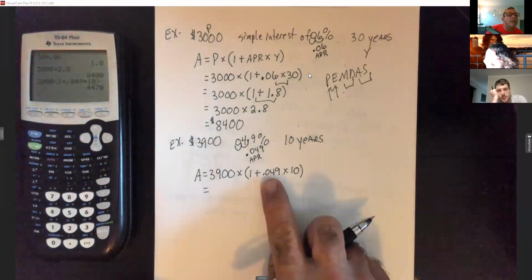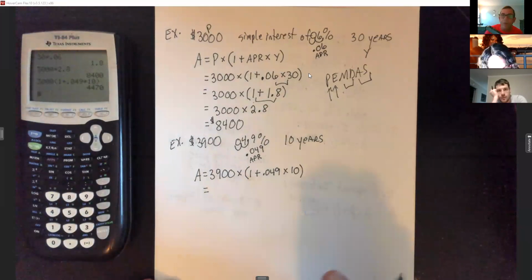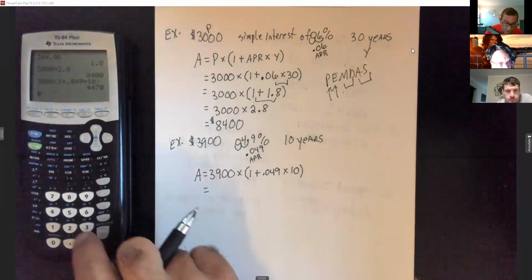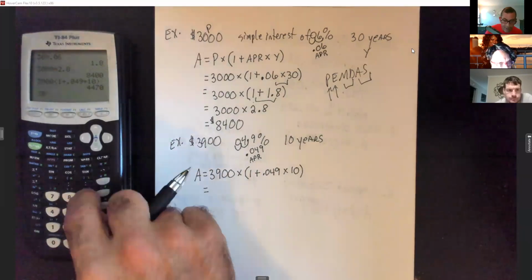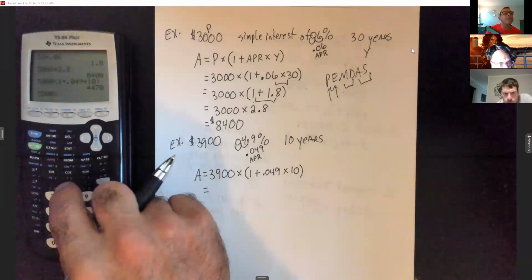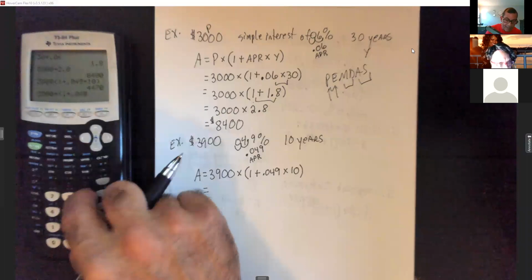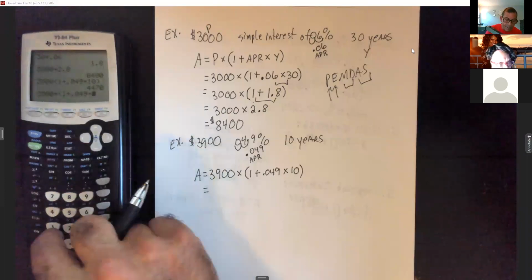Oh, I can't see what I got there. Oh, I need to do that for 3,900. My bad. Let me start over. I see what y'all are looking at. I needed $3,900 there, so 3,900 times parentheses 1 plus 0.049 times 10.